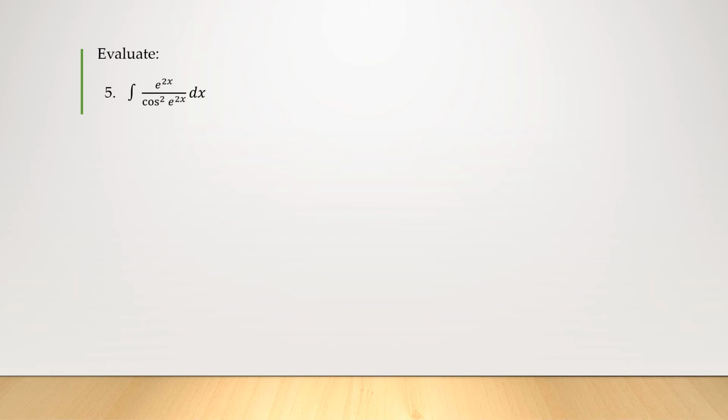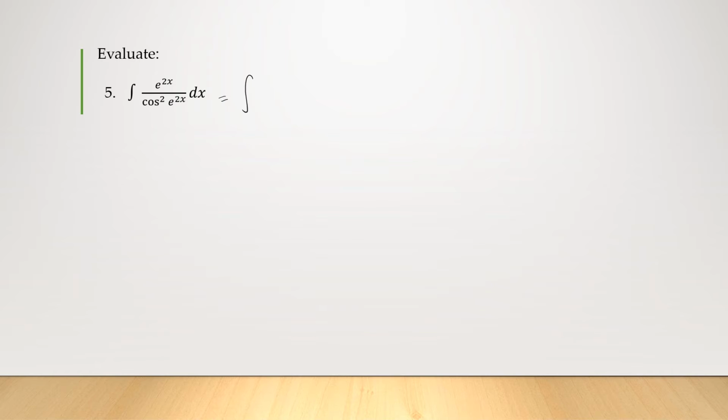Next, we evaluate the integral of e raised to 2x all over cosine squared e to the 2x dx. What we do here is we take the reciprocal function of cosine, which is secant.